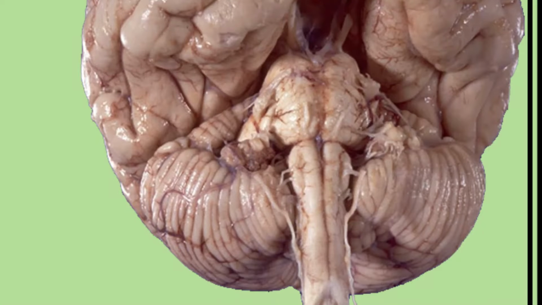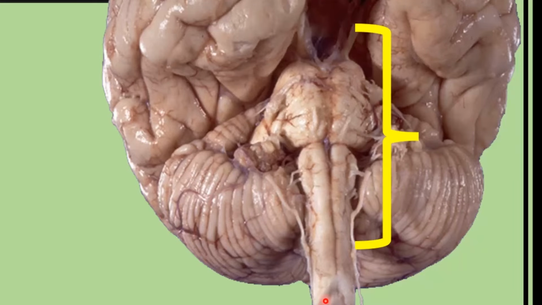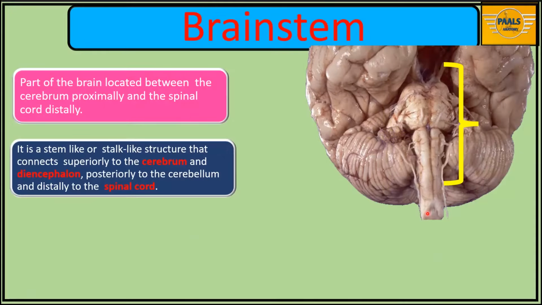Now the brainstem is that part of the brain that is seen between the cerebrum in the proximal part and the spinal cord in the distal part. This is the extent of the brainstem, and it's like a tree, just like the name sounds, like the stem of a tree that hangs on a number of structures in the brain.